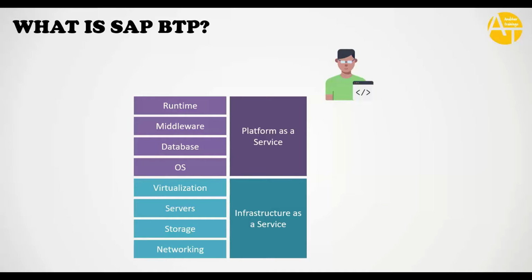It also provides databases like HANA Cloud, Redis, MongoDB, PostgreSQL as services, and tools like Business Application Studio to quickly start development. So the life of Alex has become super simple.